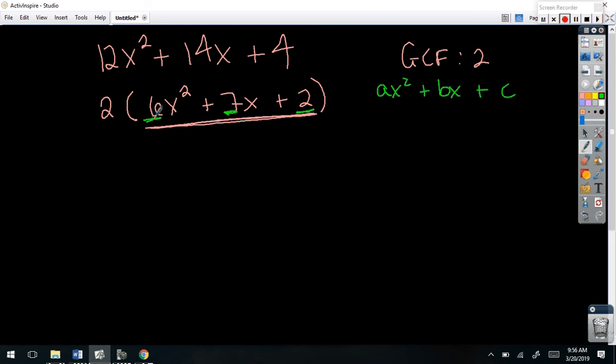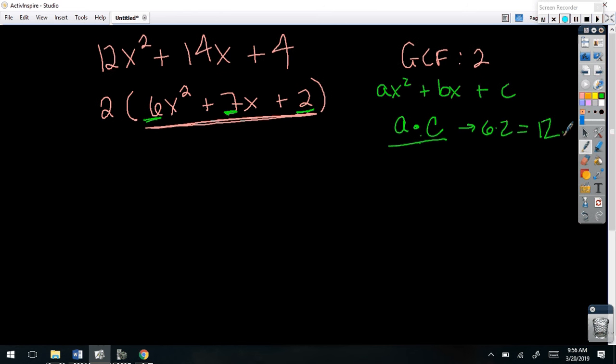So what I want you to do is take A and C. Don't include variables. They're just the coefficients. What is A times C? 12, right? Because that would be 6 times 2, which is 12. Do we all see where that came from?